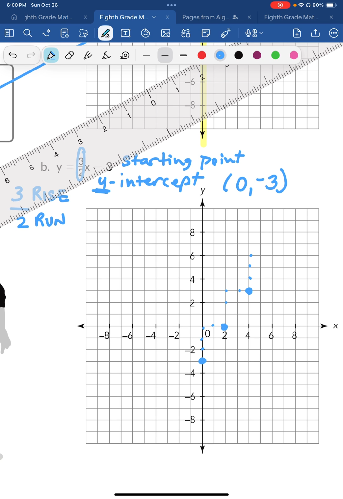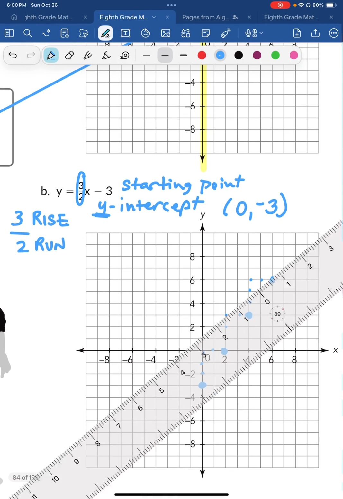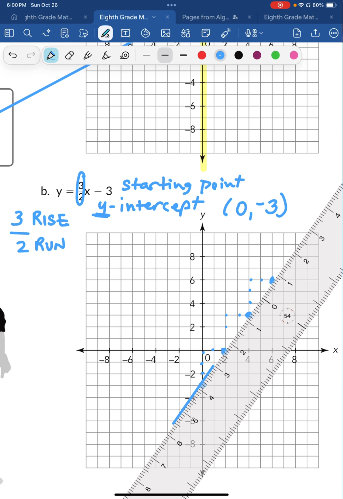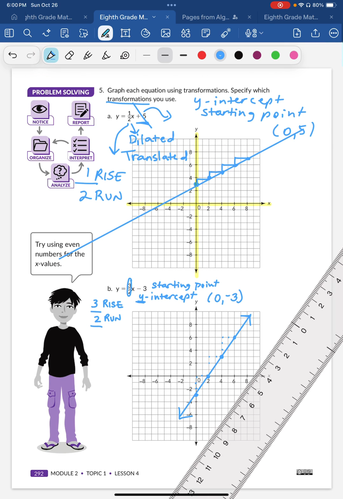There are 4 points. Now let me connect them. Okay, there we go. So we have our slope of 3 over 2, our y-intercept of 0, -3. That's not so bad, is it?